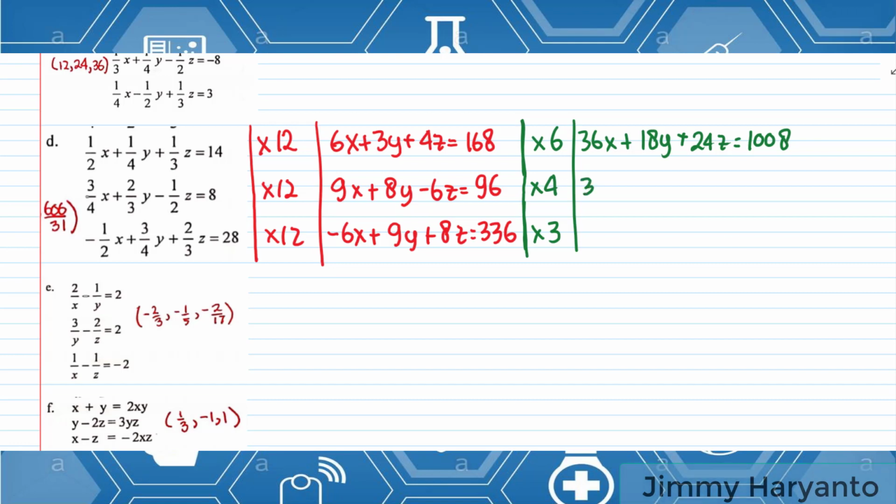Next, times it by 4, 36x plus 32y minus 24z equals 96 times 4, 384. The last one, negative 18x plus 27y plus 24z equals 336 times 3, 1008.